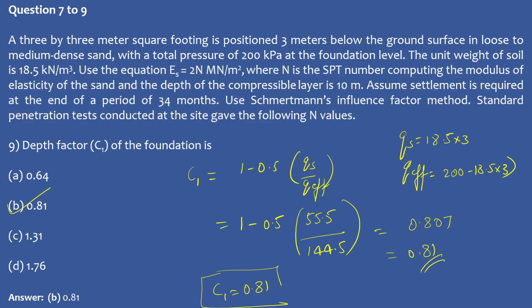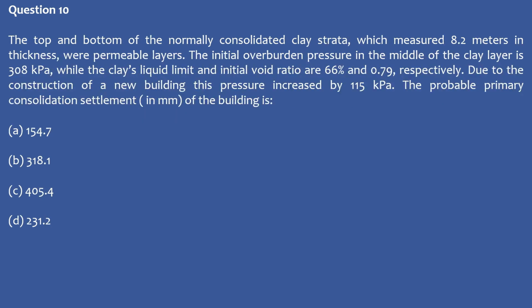So that was a straightforward part, so I think this was done. Then let's move to the last question of the day. So the top and the bottom of the normally consolidated clay strata. You are having a normally consolidated clay strata which measures 8.2 meters in thickness.